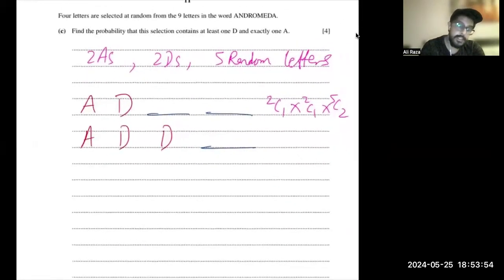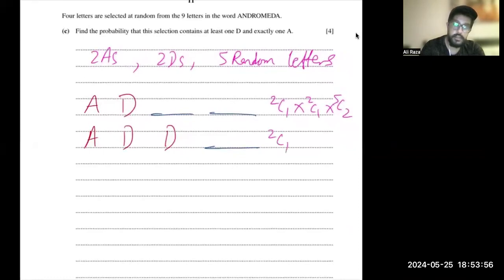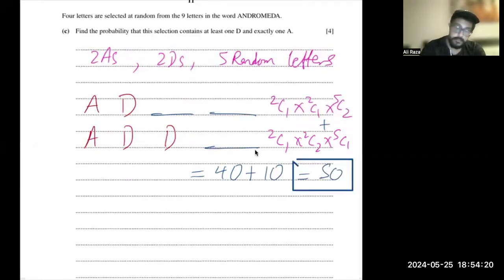For the second case, we have 2C1 for A, 2C2 for D, and 5C1 for the last random letter. We'll add these two. So the answer comes out to be 50 possible selections. Now we need to find the probability for this.